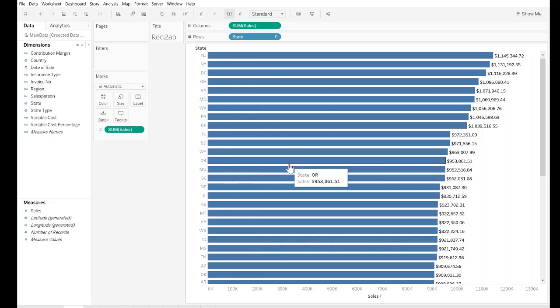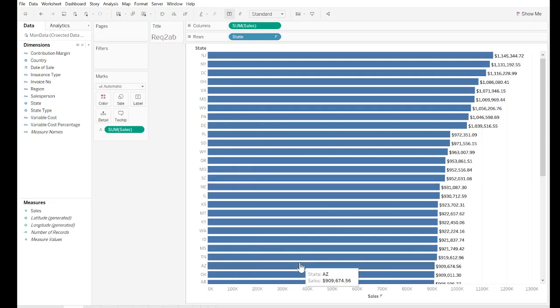I will begin by going over requirement 2, A and B, as requirement 1 was just to fix errors present in the Excel sheet of the dataset. Requirement 2, A and B, requires me to rank the states from highest total insurance sales to lowest total insurance sales, and sort the dataset by sales from highest to lowest.